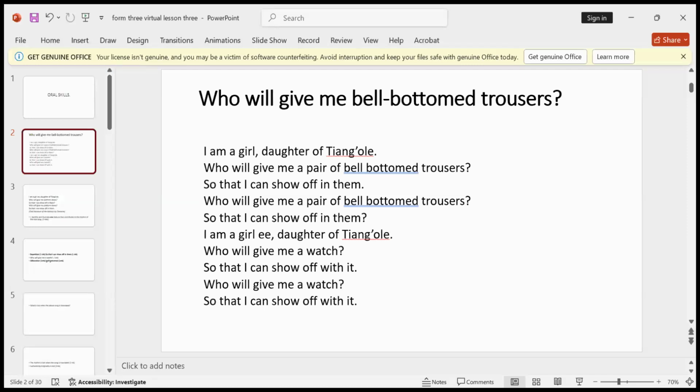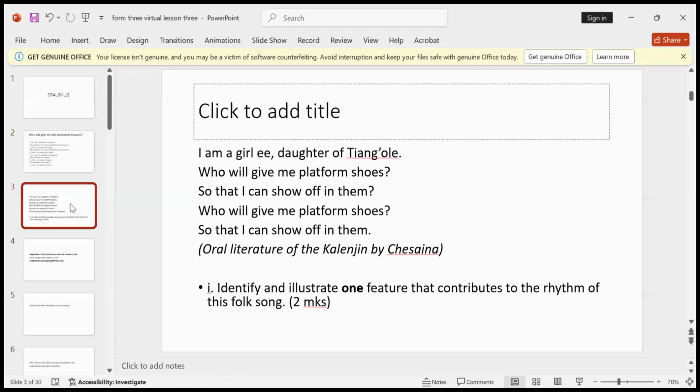I am a girl, a daughter of Tiangole, who will give me a watch so that I can show off with it? Who will give me platform shoes so that I can show off in them?